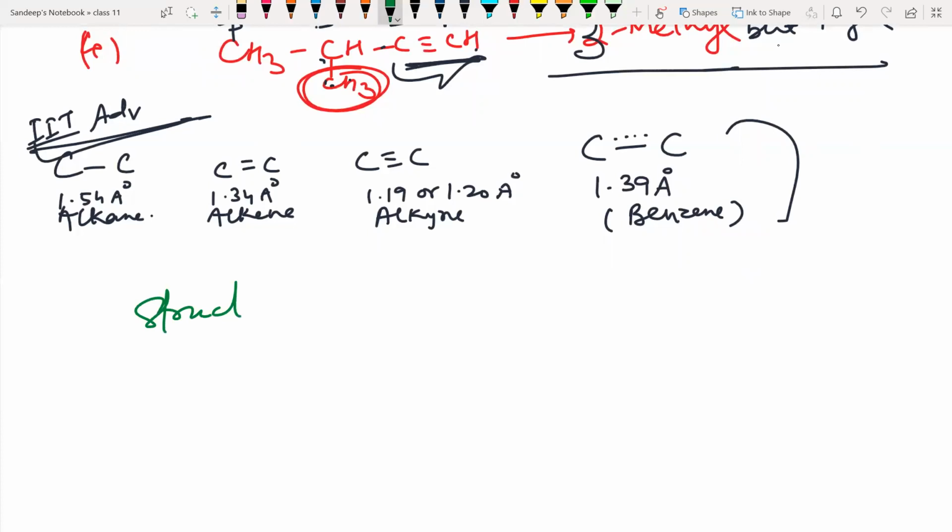So if you see the structure of the triple bond, it will be like this. First, sp hybridized carbon.